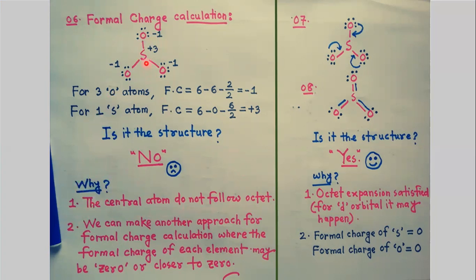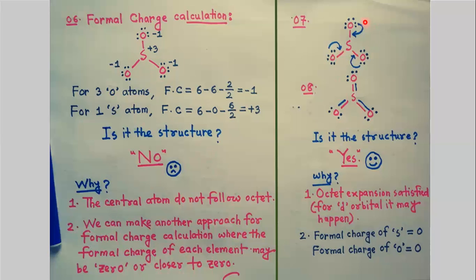It has 2, 4, and 6 electrons, so it does not follow the octet rule, and it will not be the structure of sulfur trioxide. And the second one is that we can make another approach for formal charge calculation, where the formal charge of each element like oxygen and sulfur may be 0 or closer to 0.